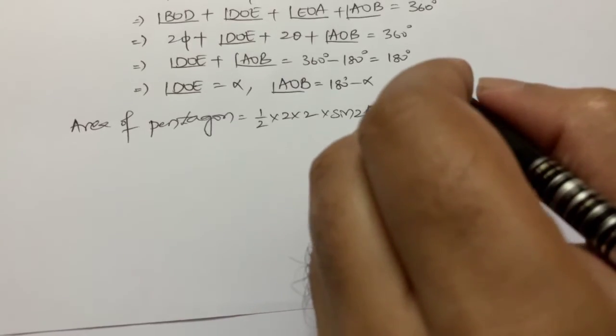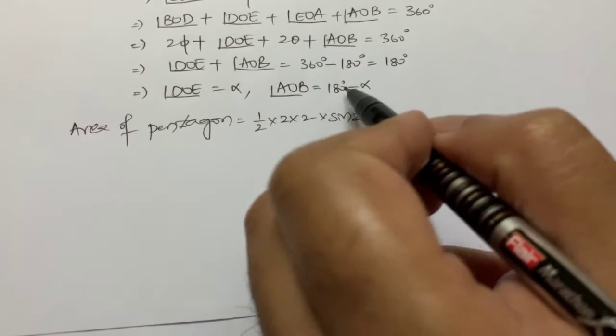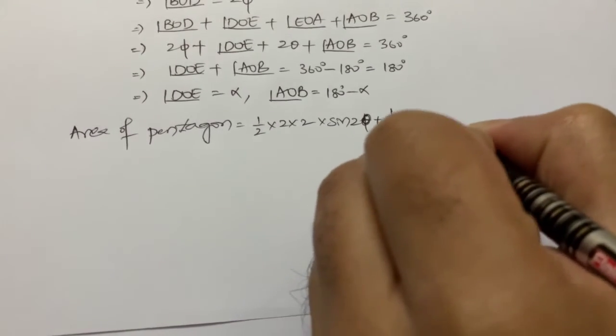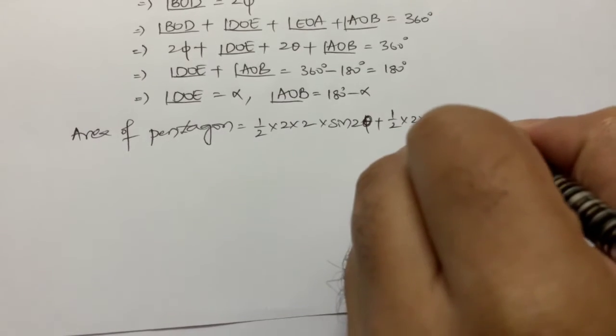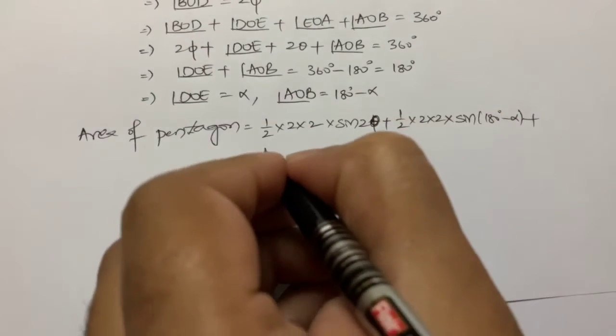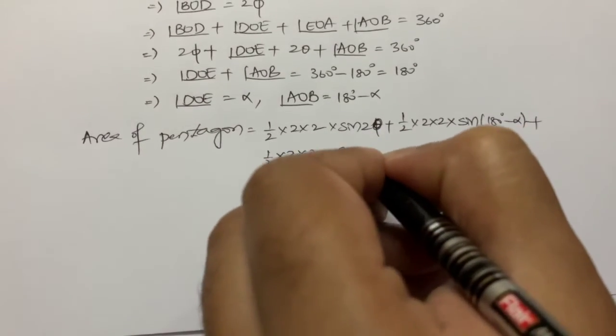Then AOB we are considering as 180 degrees minus alpha. So half into 2 into 2 into sine of 180 degrees minus alpha, plus half into 2 into 2 into sine alpha for triangle DOE.